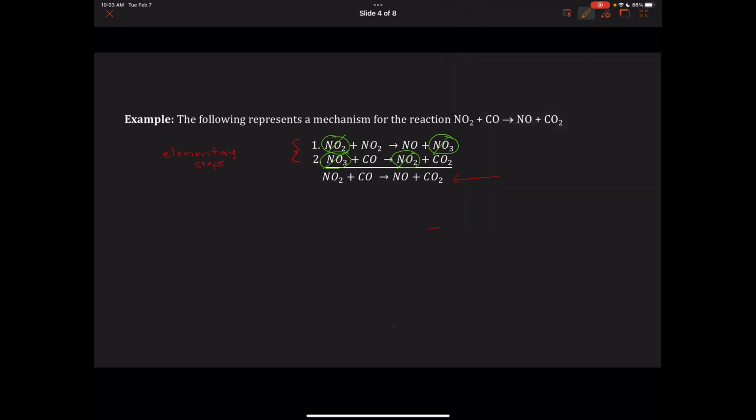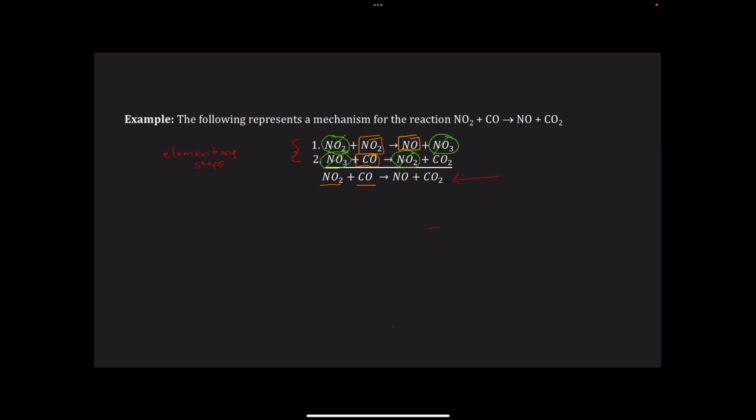That just leaves us with the NO2 reacting with the CO. So that's what we see here in our overall equation, NO2 plus CO, producing NO plus CO2. So that's my overall equation. It is the sum of those elementary steps.